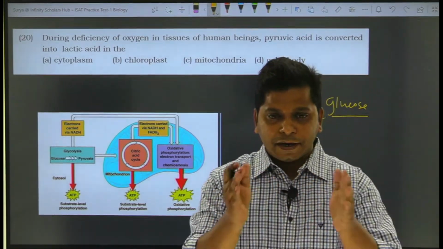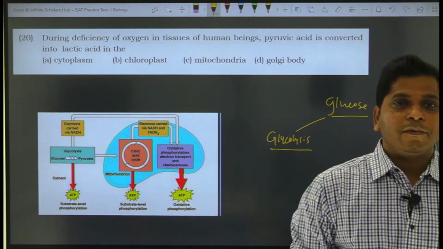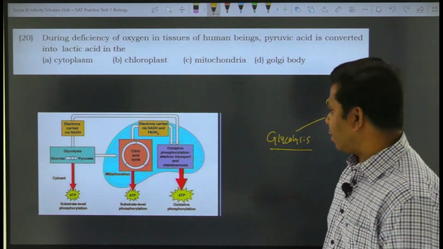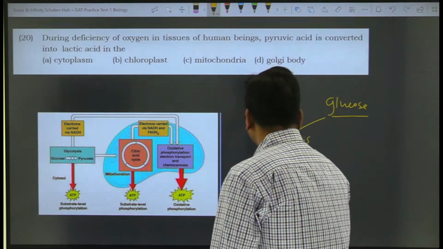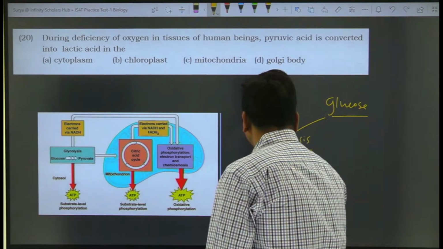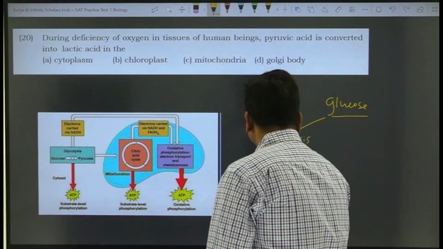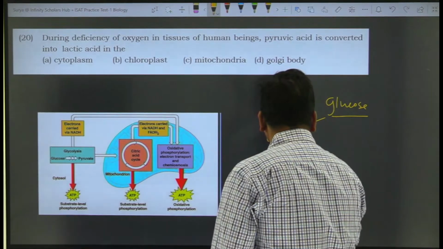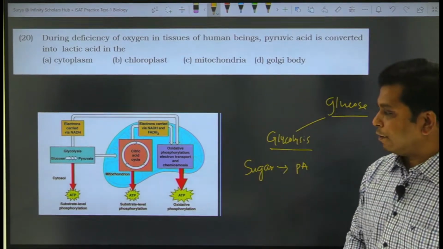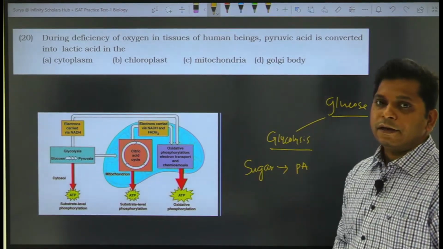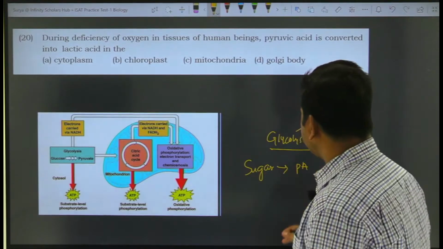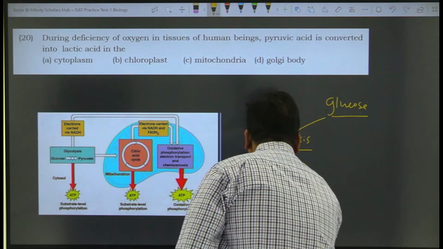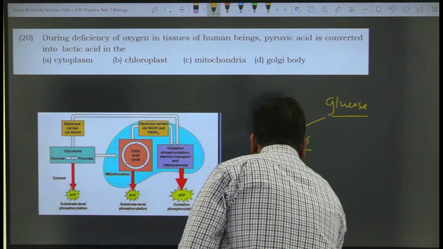So, the sugar molecules are broken down in this step, and what are they broken down into? Sugars are converted into pyruvic acid. So, that process is called glycolysis. And where does this process occur? This process occurs in the cytoplasm.